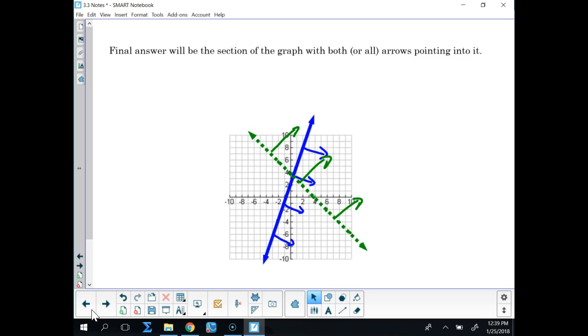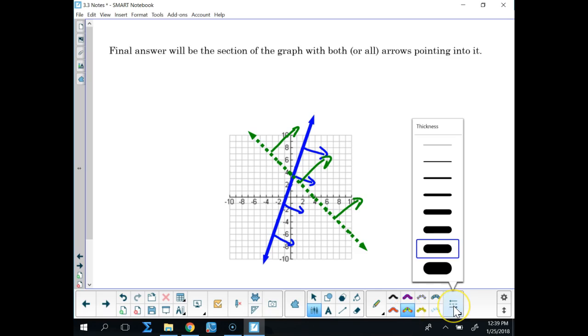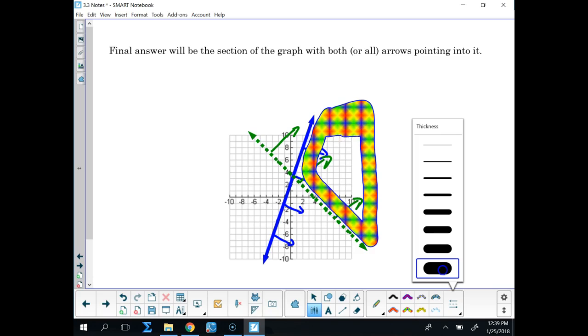So in this particular case, my section of graph is going to be that whole section over there, because that's where both arrows were pointing.